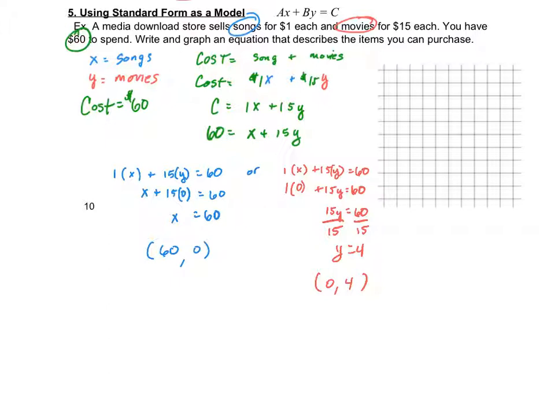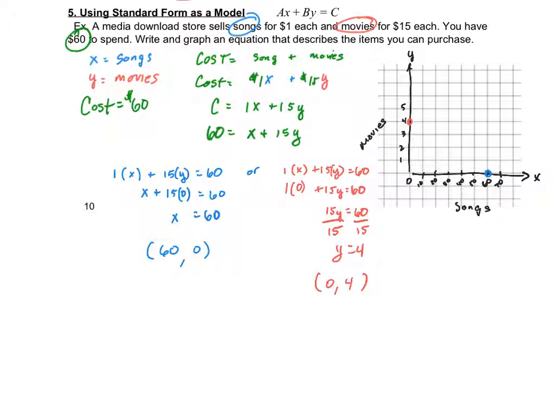I've got 2 points. Okay, so I've created my coordinate plane. Of course, my x value were my songs, and my y value were my movies. And if I graph these points, at 60, 0, I have 60 songs and 0 movies, or also 4 movies and 0 songs.